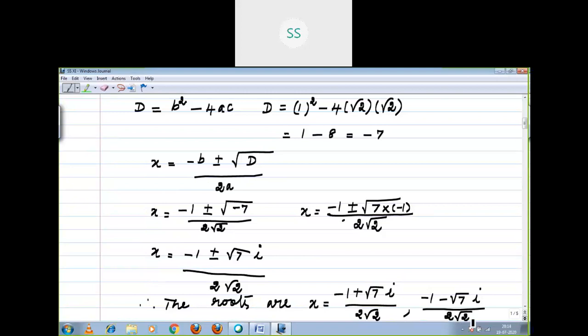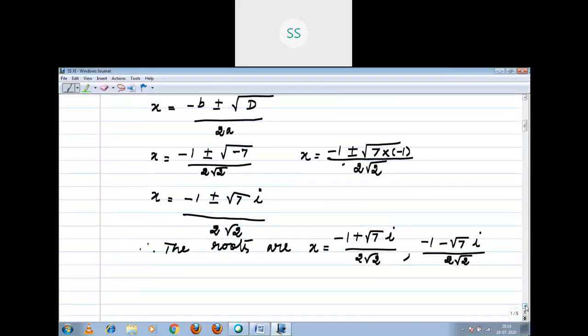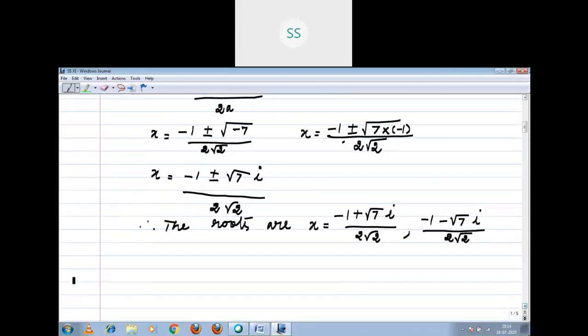Okay. Now I am going to move to question number 8. What is given in question number 8? Anyone? Yeah. Root 3 x square minus root 2 x plus 3 root 3 equal to 0, right?